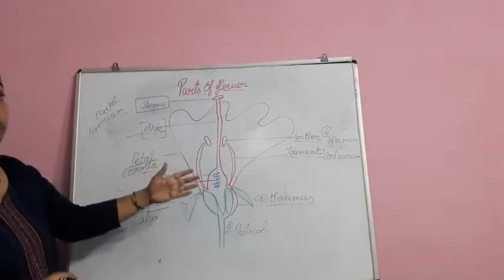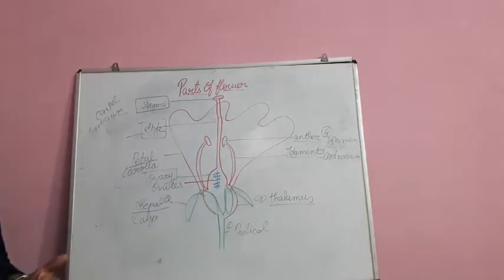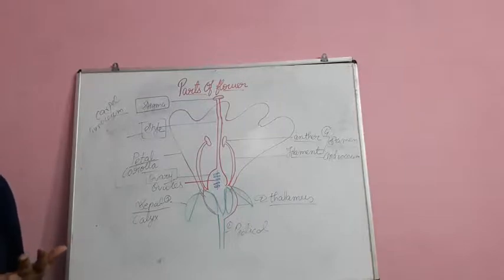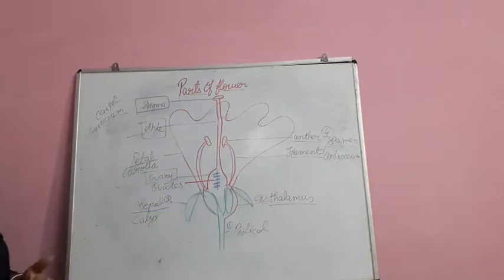Either you can find the males or you can find the females. That is the unisexual kind of flower. For example, you can see watermelon, you can see papaya. But the bisexual flowers are those where you can find the male and female, both reproductive organs present in the same flower. For example, hibiscus or China rose you can see. So these are the different types of flowers you can see.